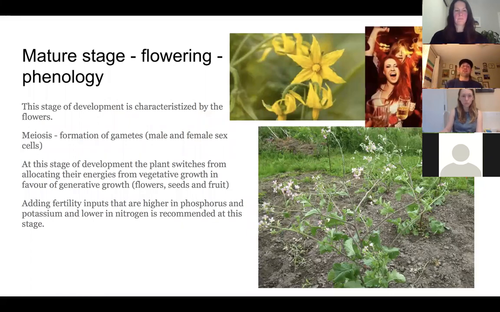For crops like tomatoes, peppers, or eggplant, we want to encourage this as much as possible, because that's the part of the plant we're growing it for. It's recommended to add fertility inputs that are higher in phosphorus and potassium, and don't feed them as much nitrogen-rich fertilizers.